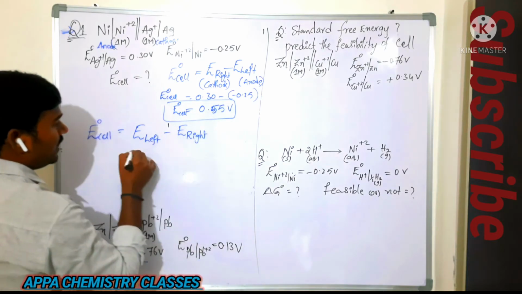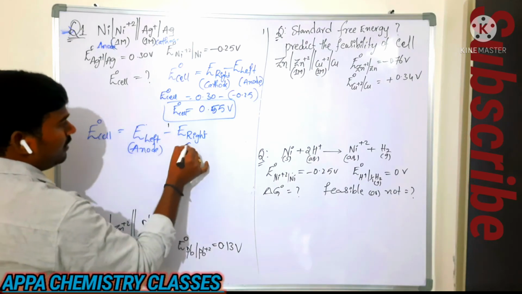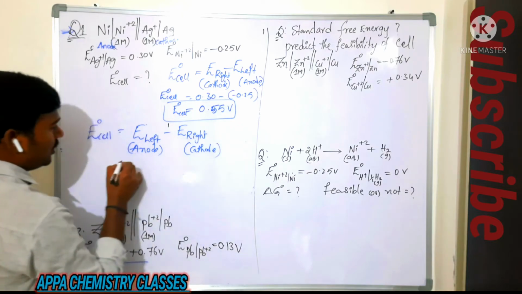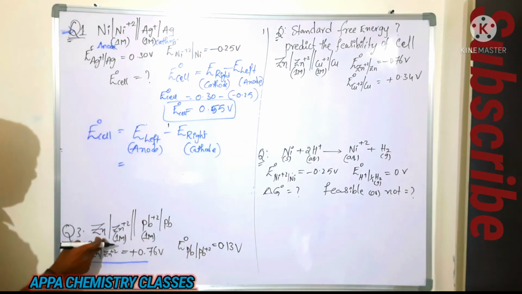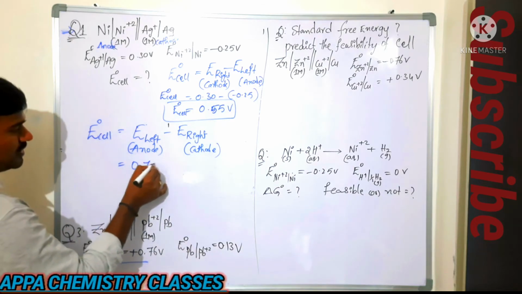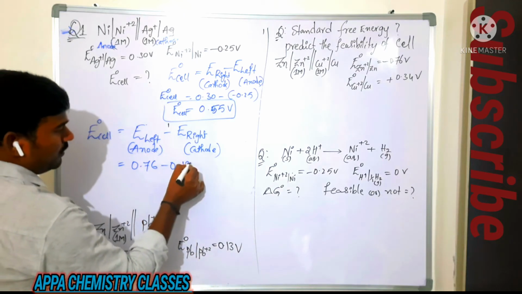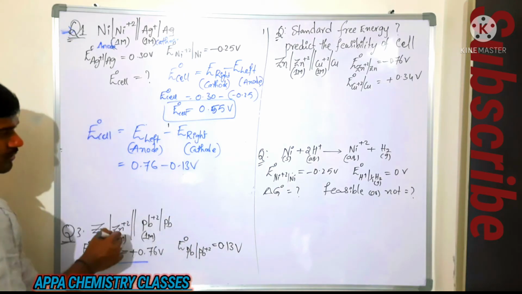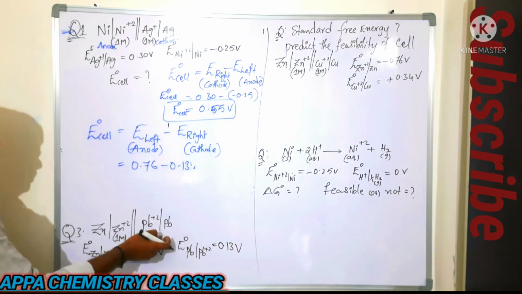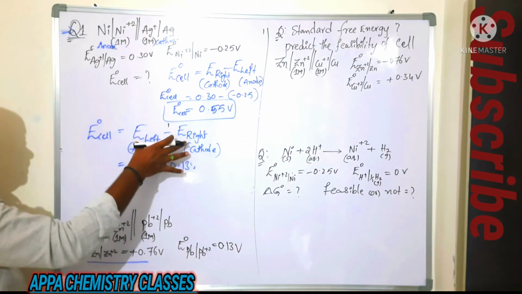What is left side? Anode. So anode potential minus cathode potential. Which is anode here? Zinc is the anode. That is plus 0.76 minus 0.13 volts. That is the cathode.